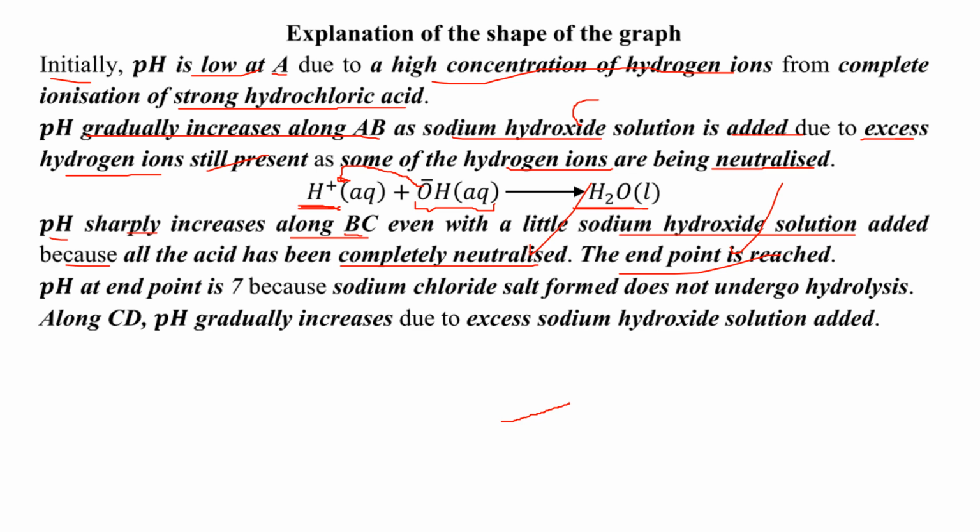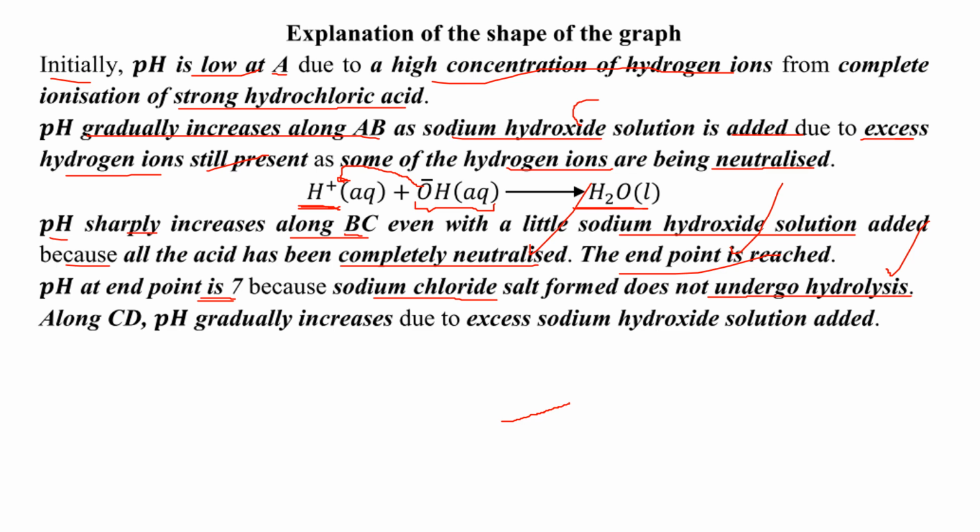So you're saying that pH at the endpoint is 7, and the reason why pH at the endpoint is 7 is because sodium chloride, the salt that is being formed at the endpoint, does not undergo hydrolysis. This word must be a must in your titration graphs. You must tell us whether the salt formed undergoes hydrolysis or does not undergo hydrolysis.